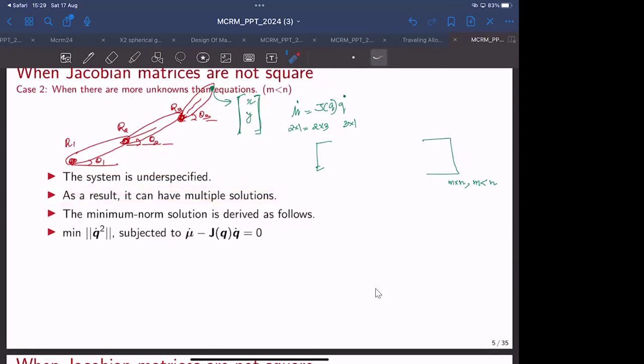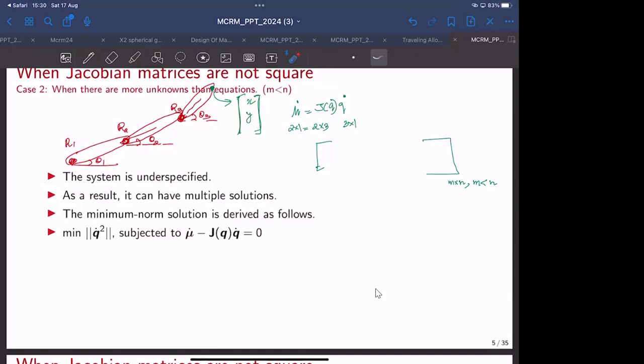For example, if you consider theta1 as a free variable, you can solve this equation in terms of theta1, x and y will be in terms of theta1, or you can define theta3 as a free variable and solve in terms of theta3, but there will always be infinite number of solutions because there are more unknowns than the equations.